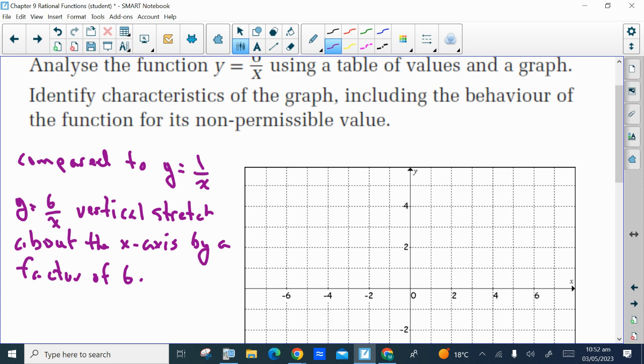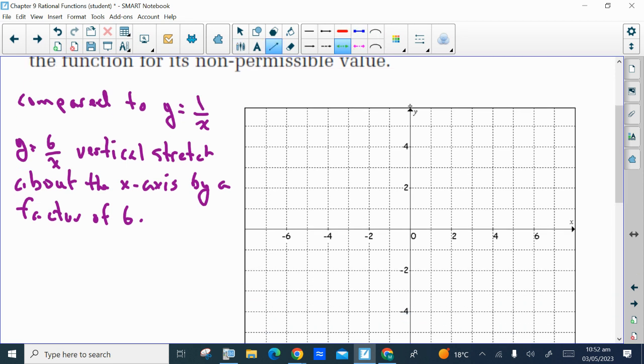That'll be the only difference. You will still have your asymptotes at x equals 0 and y equals 0.